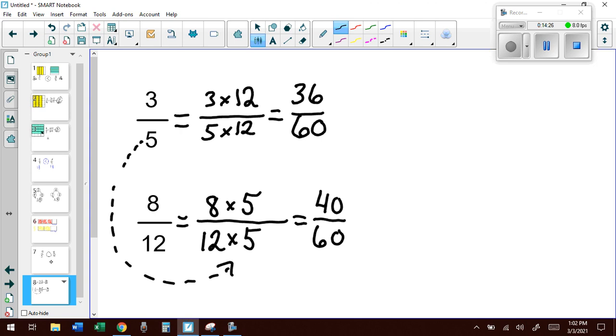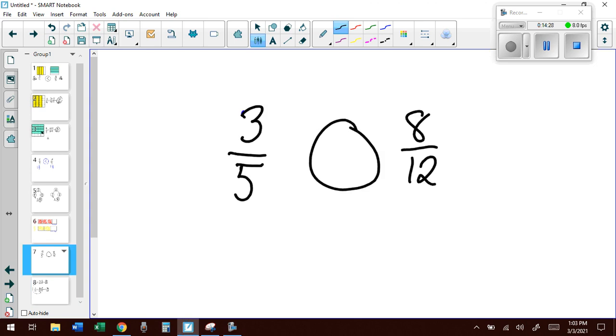So here, we're not really comparing 3/5 and 8/12. We're actually comparing 36/60ths to 40/60ths. Now, back to peaches, because peaches are great. Here we have peaches. We have 36 peaches. Here we have 40 peaches.